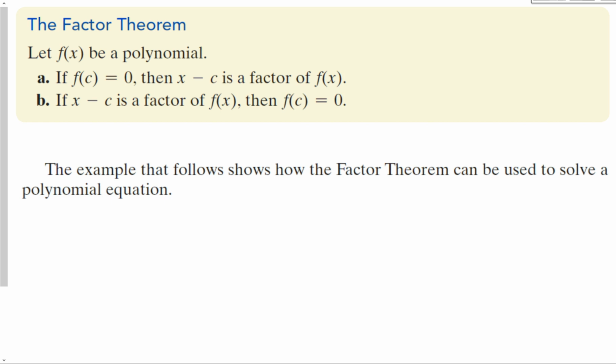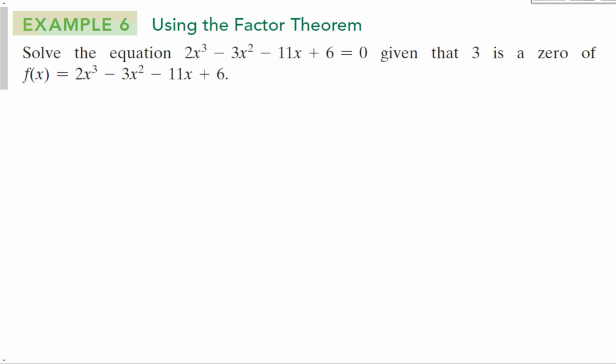So what does the factor theorem actually say? It says that if f of c is equal to 0, then x minus c is a factor, which means that we can use this idea to factor and solve polynomial equations, like this one.